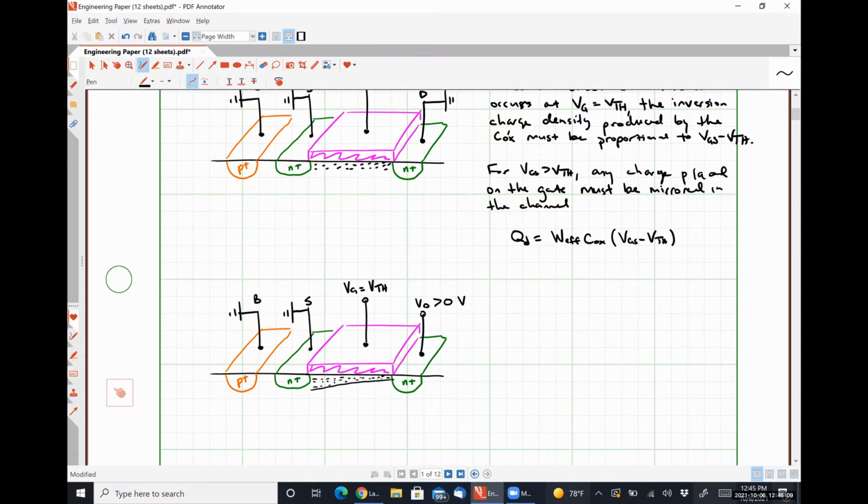And the reason for that, again, is because the potential difference between the gate and the source is larger than the potential difference between the gate and the drain region.